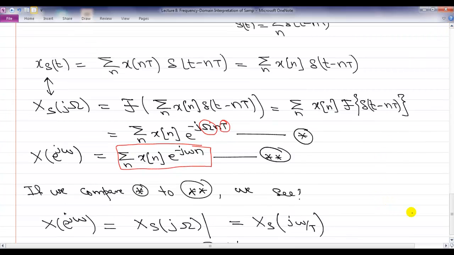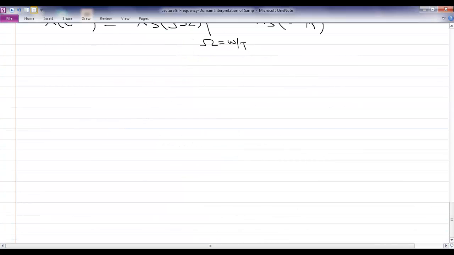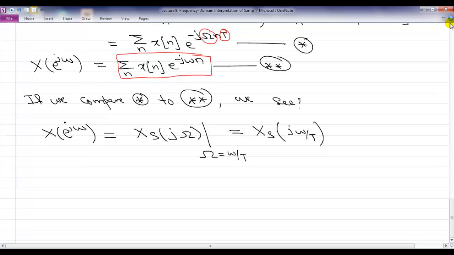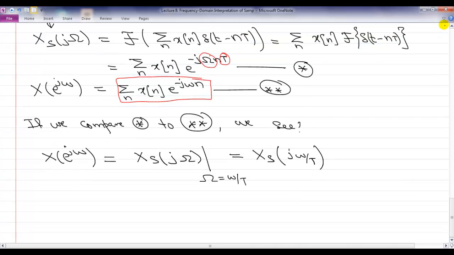So what does that say? Even though when we do the sampling we don't really get this xs(t), in terms of understanding the discrete time Fourier transform of my sequence obtained by this pointwise sampling, that is simply equal to the continuous time Fourier transform of this xs(t), where the axis is scaled by a factor of T. Instead of Ω, I have Ω equal to ω over T. So we have a scaling of the axis.